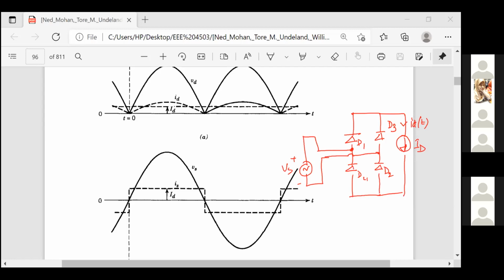Okay, so this is the constant current. If I want to plot the current here, say ID, it is a constant value. How can I plot this ID against time? What would be the wave shape?